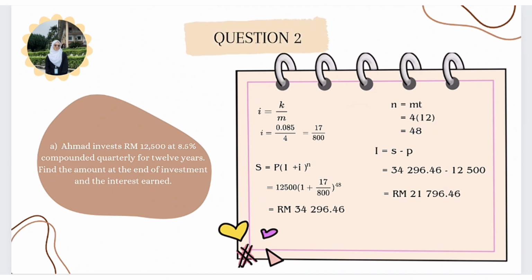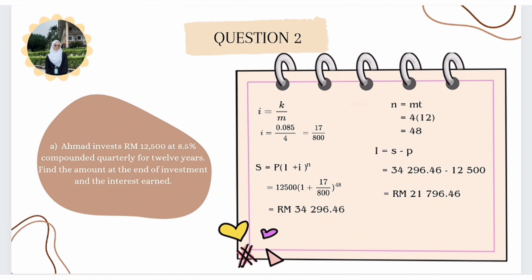Next, we need to find S. The formula for S is S equals P(1 + i)^n. So, 12,500(1 + 17/800)^48. So the answer is RM34,296.46. Next, we need to find the interest earned.